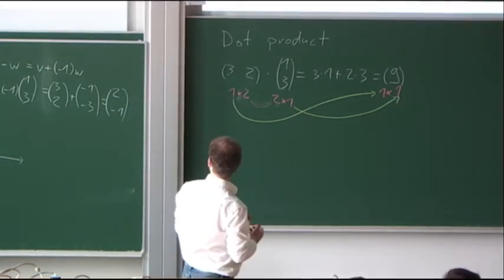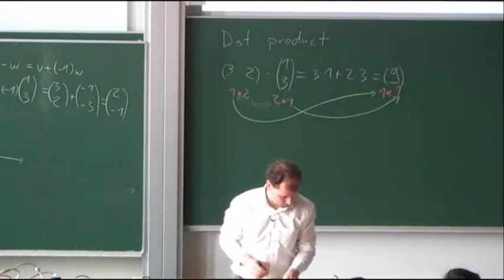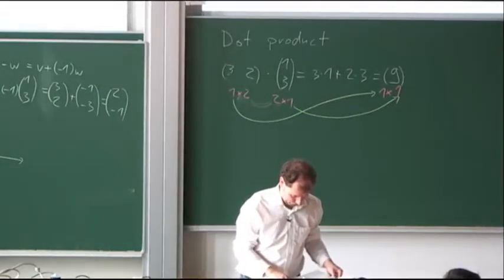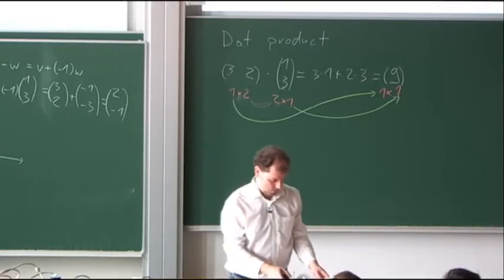Now, if I want to visualize what the dot product does, let me draw the two vectors.